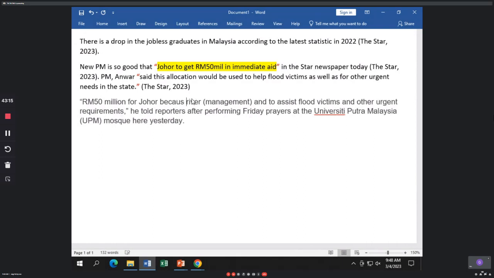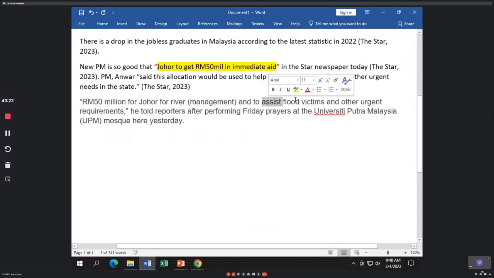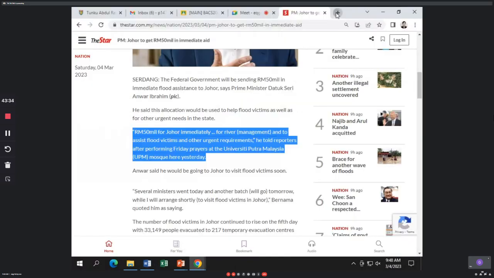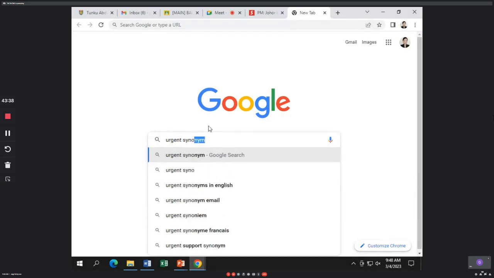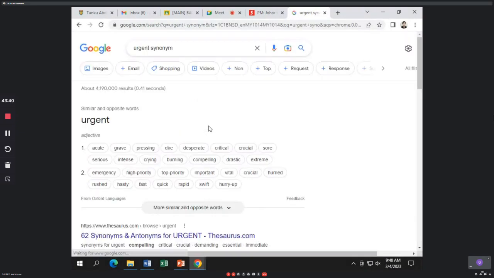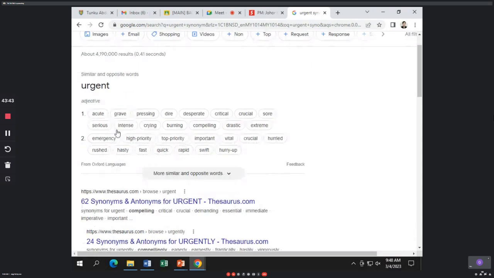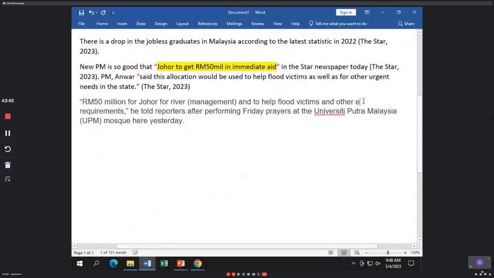They delete some words, and change this to help the flood victims and other. I don't want to use urgent, so I copy and paste and see what other words I can use. Synonym for urgent is emergency. Then I use emergency requirements.